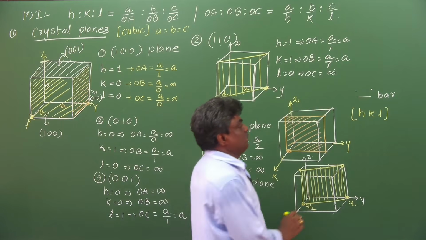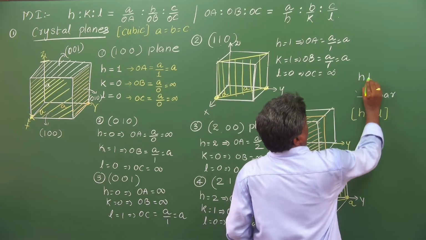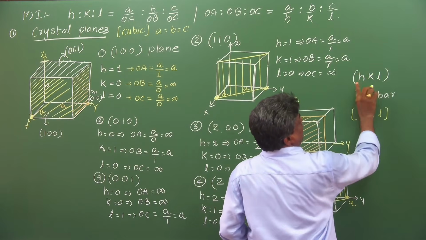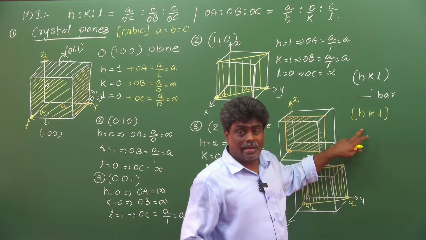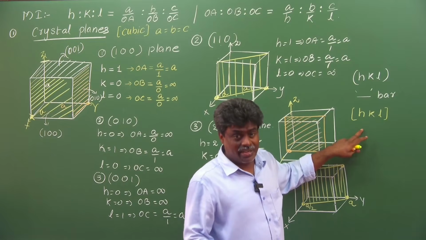So different notations: (HKL) in ordinary brackets is Miller indices, [HKL] in square brackets is direction indices.